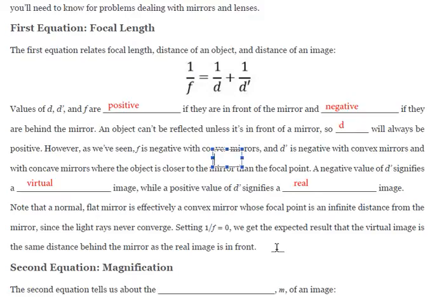The image appears to be as far away from the mirror as the object is. If you've ever looked in front of a mirror, you can tell how much distance there is between you. And also we know that it would be virtual because the positive d and same size negative d prime would give us the 0 that we expect.